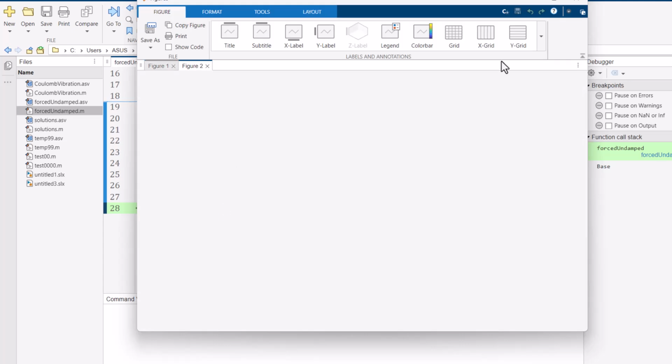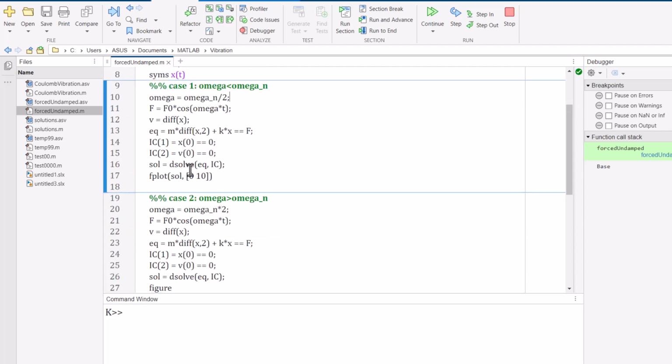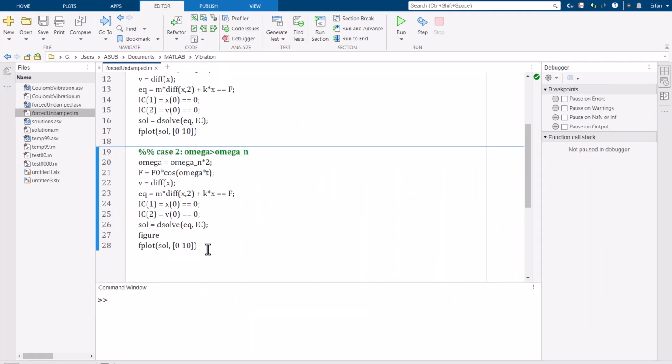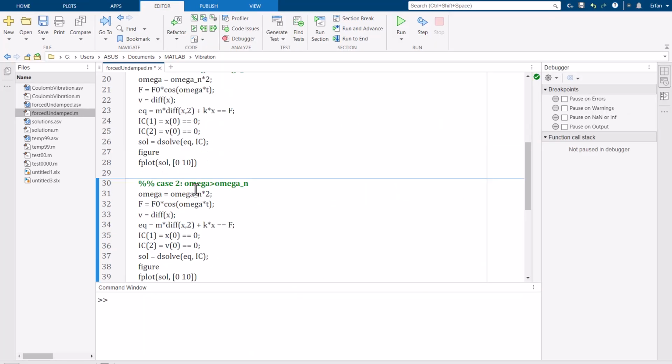That is obvious, since what I did is I multiplied the omega by 2. So compared to the previous one, case 2 has a frequency 4 times bigger than case 1. So the result is expected.